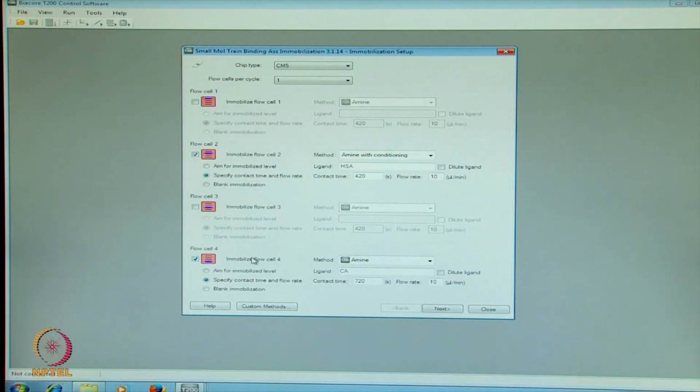On flow channel 4, by amine coupling, we will immobilize carbonic anhydrase, again with a specified contact time and flow rate of 720 seconds and 10 microliter per minute. We now go into the next tab.